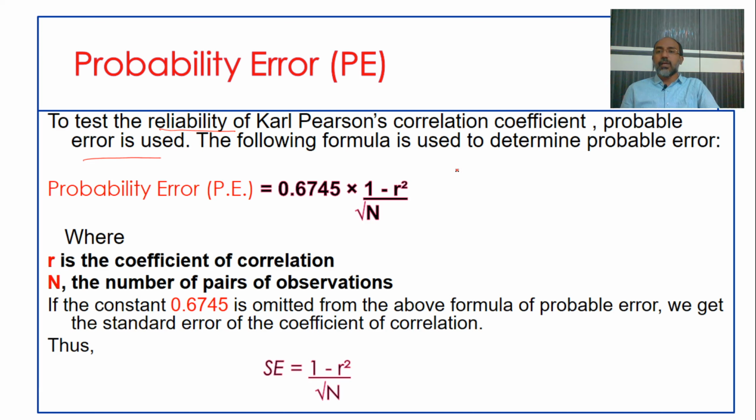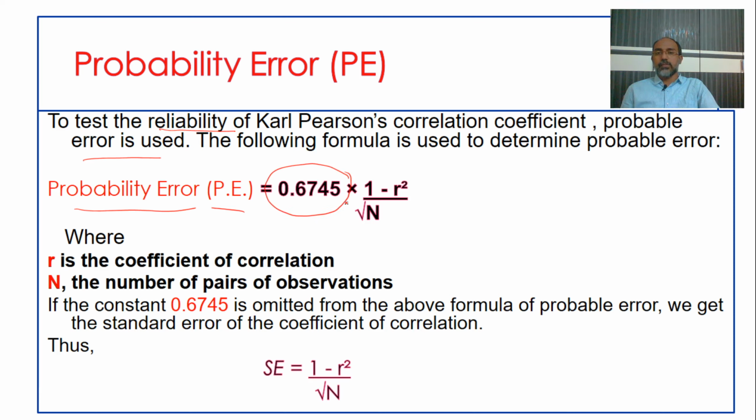So what is the formula for determining this? PE is expressed as 0.6745 times (1 minus r squared) divided by the square root of n. The 0.6745 is a constant; you cannot change it, you have to write this number as it is.